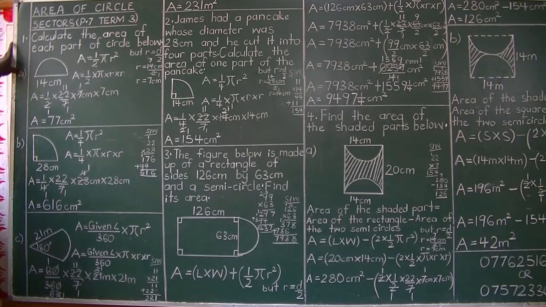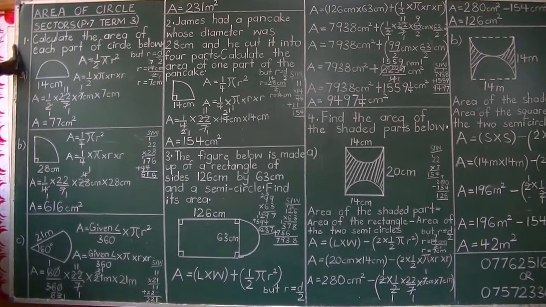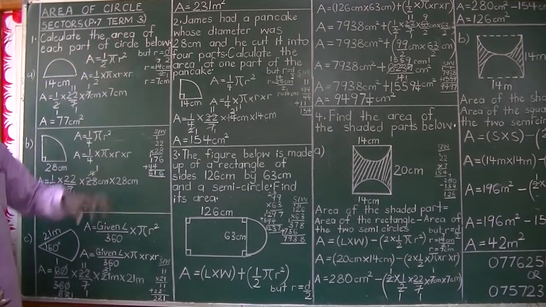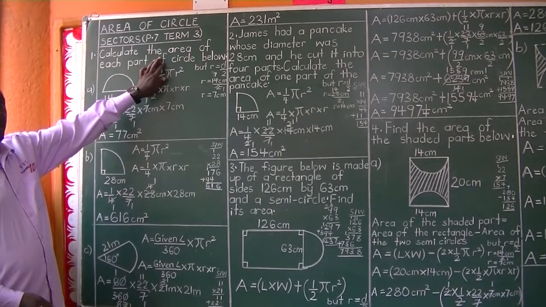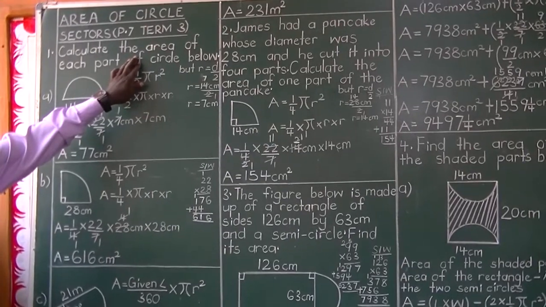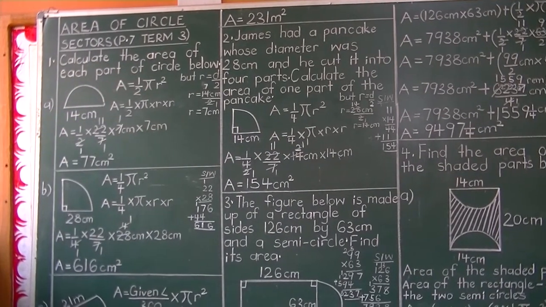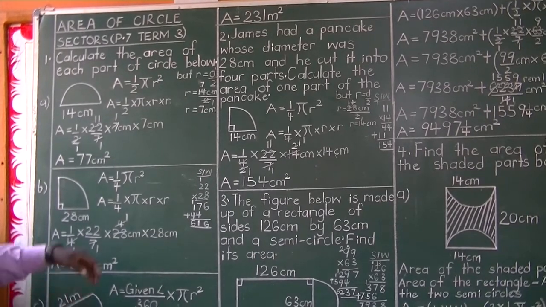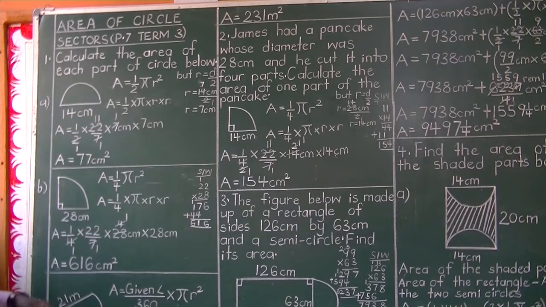The first one is the semicircle, and since a semicircle is a half of a circle, area is equal to a half pi r squared. Remember, just pi r squared is a full circle. And now that we are dealing with a half of a circle, we say area is equal to a half pi r squared. You must note that the flat surface of a semicircle is called a diameter.